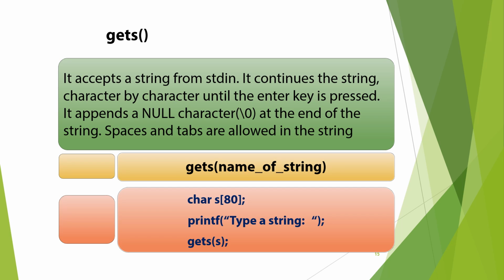As it is written in double quotes, it will be displayed as it is on the monitor. After reading this statement, the user has to enter some string, character by character. It will be read by the function, and whenever the user presses the enter key, that is the end of the string, and that string will be stored in the character string which is labeled as s. So this is how the gets function works.